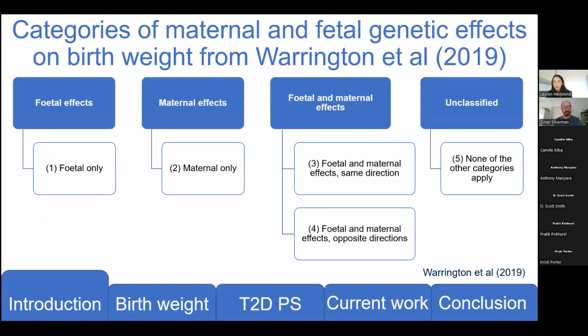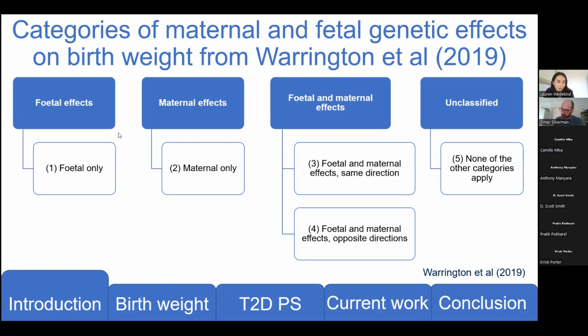So what they found, I'm not going to go into each individual genetic variant, but what was pretty brilliant was they identified not only variants that were significantly associated with birth weight within an offspring themselves, but because they conducted two different genome-wide association studies, one for maternal genetic information and one for fetal genetic information, they found 5 different categories of variants.